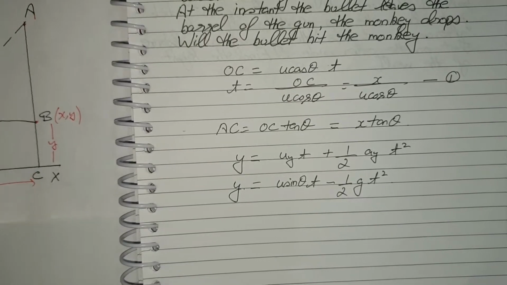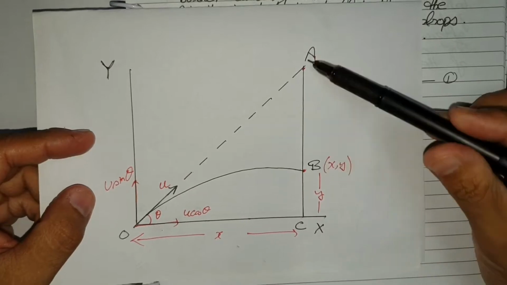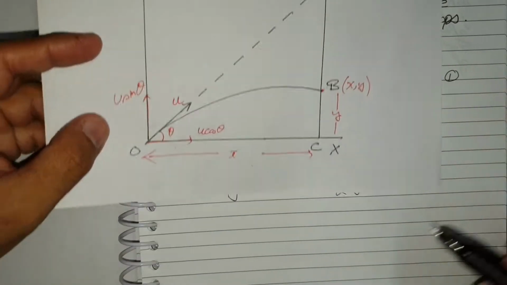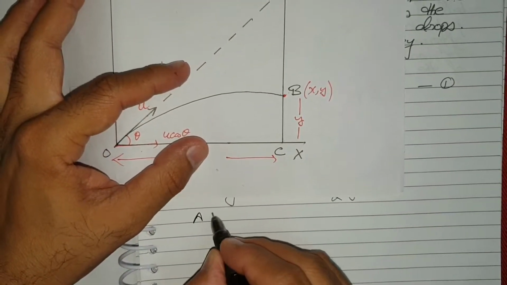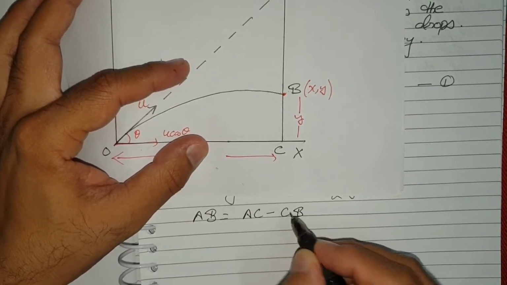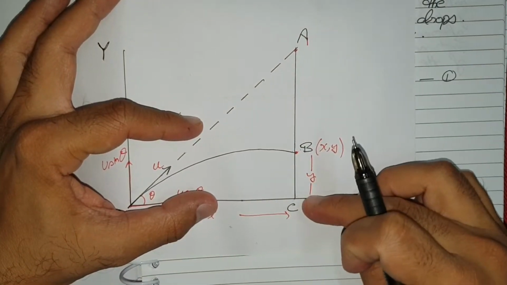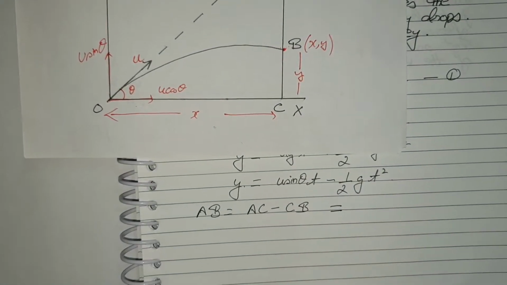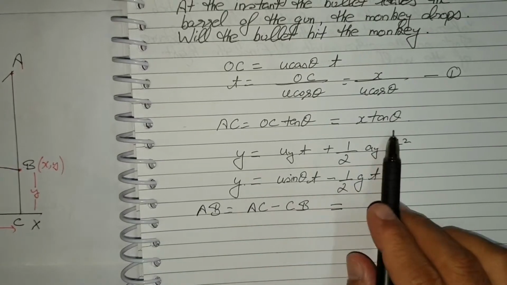Now see, in the diagram, how can we write AB? AB is AC minus BC, which is y. So we write AB equals AC minus CB. Now, what is AC? AC is x tan theta.